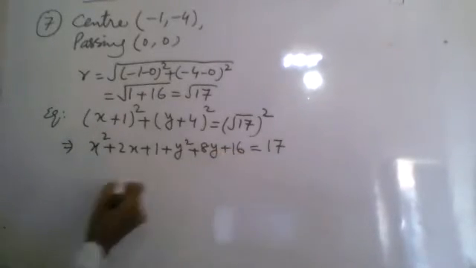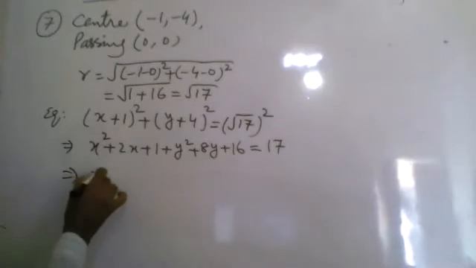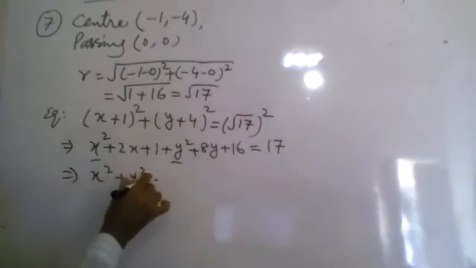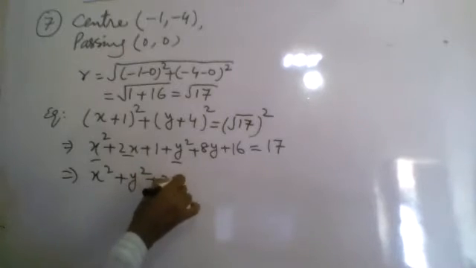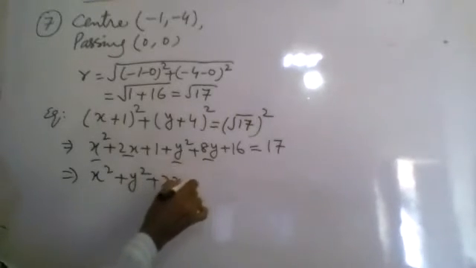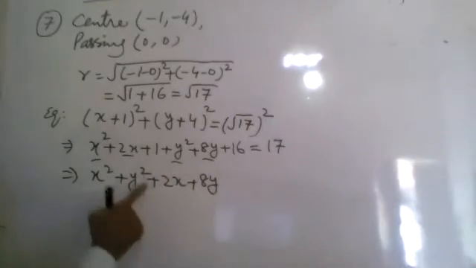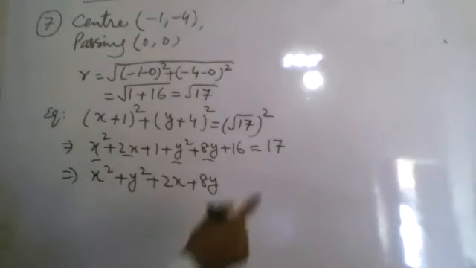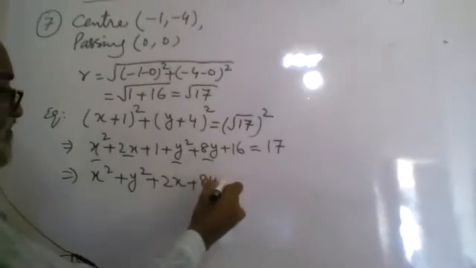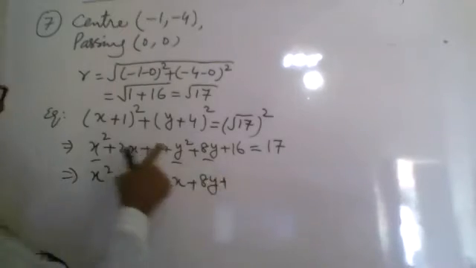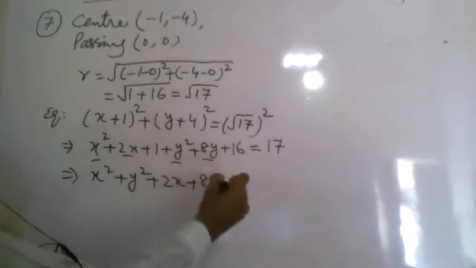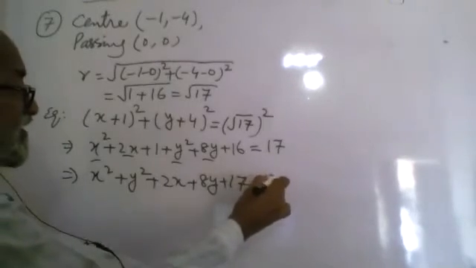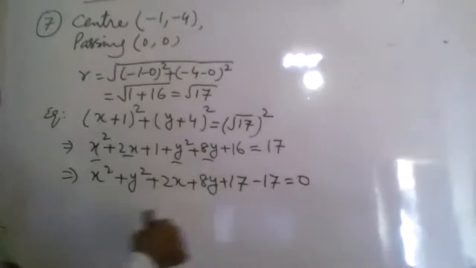Shift 17 to this side, it will become x square plus y square plus 2x plus 8y plus 1 plus 16 will be 17, 17 minus 17, which will be equal to 0.